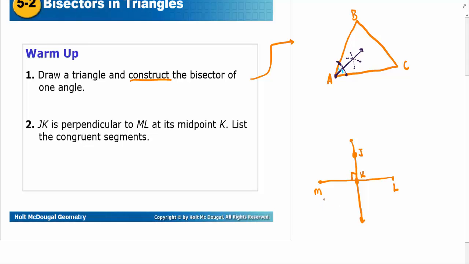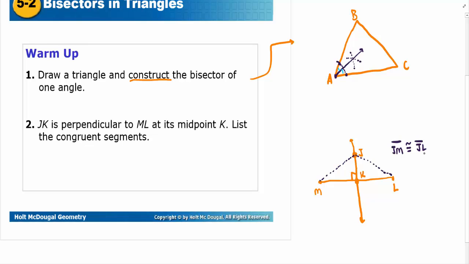So bam. Okay. List the congruent segments. If I'm going to write my congruent segments, you are using your theorems from last lesson. That's congruent and that's congruent. So you can say that segment JM is congruent to segment JL.